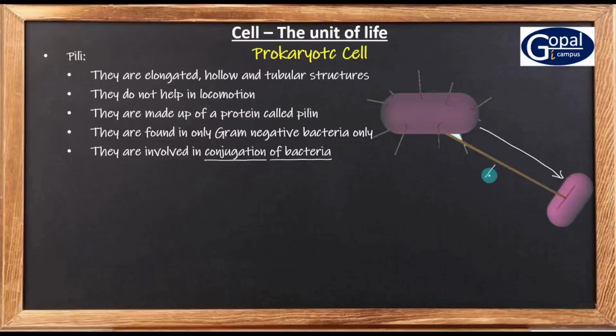And how is it happening? These pili act like tubes, and that tube is called the conjugation tube. So the pili help in the exchange of genetic material during conjugation of the bacterium.